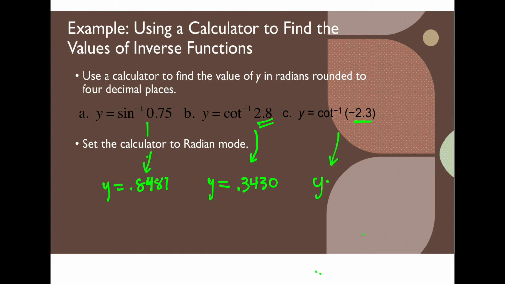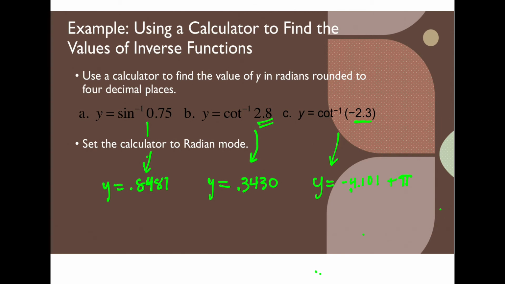You should get y equals negative 4.101. To that, I need to add pi, because remember with cotangent, it goes from 0 to pi, and it does not go into the negatives. So we've got to add pi to that.